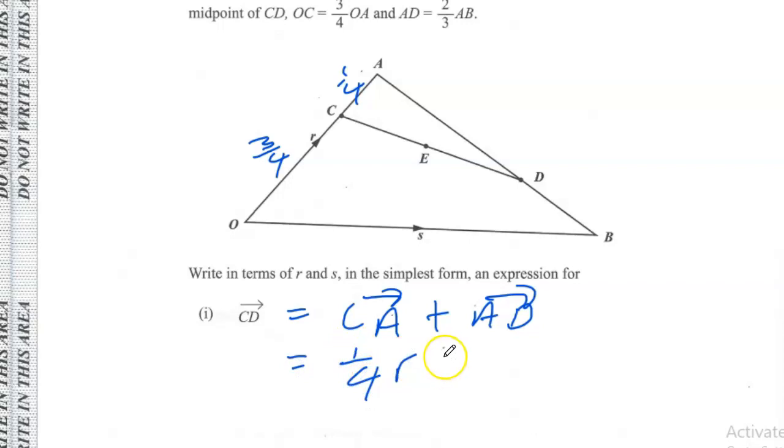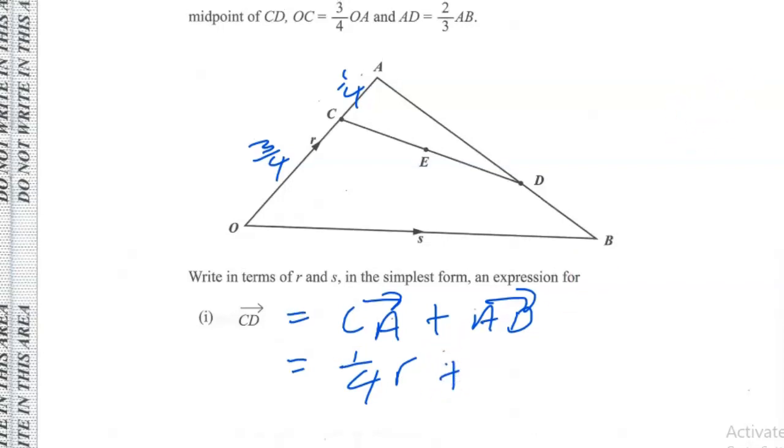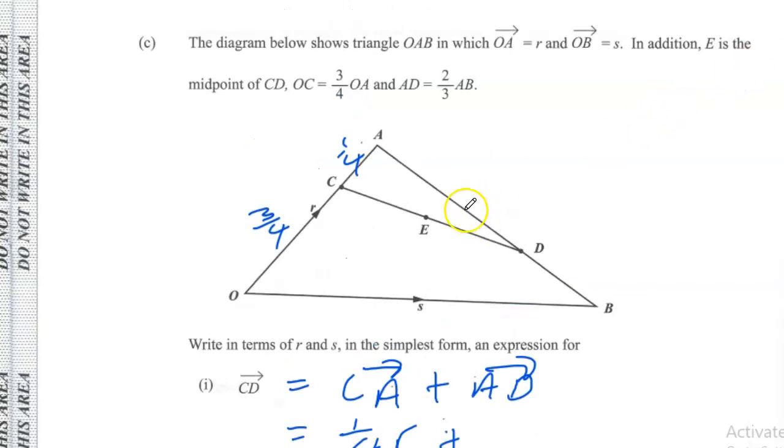And AD is 2/3 of AB. So I think we need to find AB first.